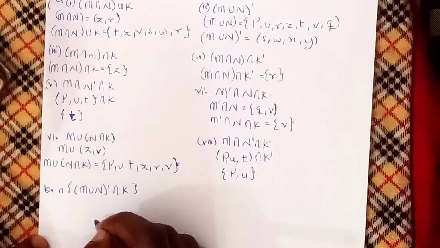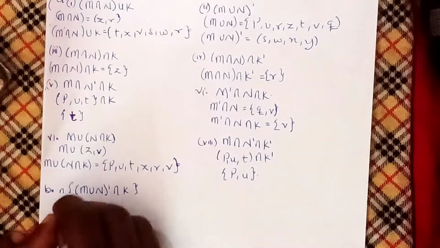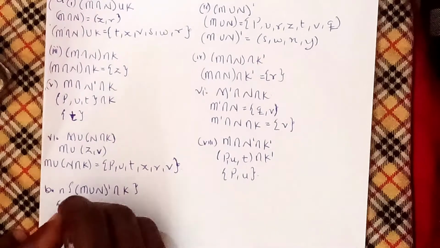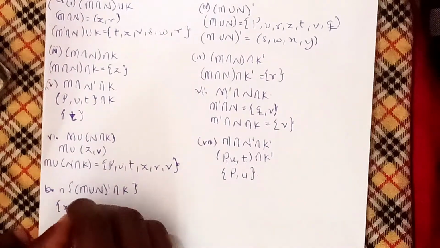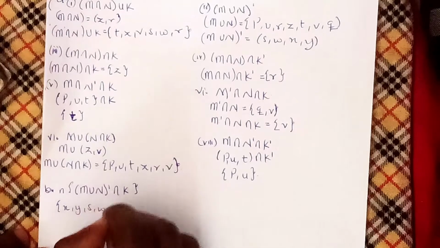Using the two circles of M and N, the outside figures we have are X, Y, S, and W. So therefore, our M union N prime is equal to X, Y, S, and W.